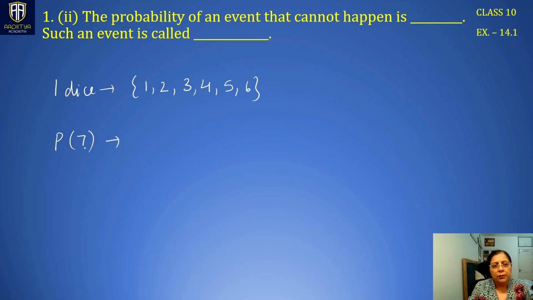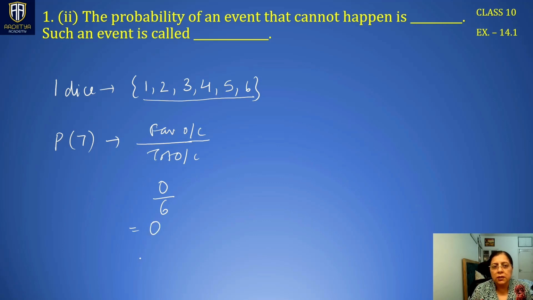To find the probability of any event, we have to write favorable outcomes upon total outcomes. So can you see there is no favorable outcome here in the sample space of this experiment. So there is no occurrence of 7 in the sample space. So we write 0 over 6. The probability of occurrence of 7 is 0.